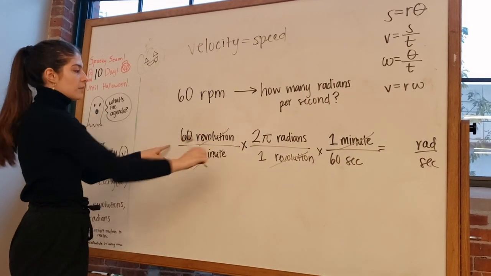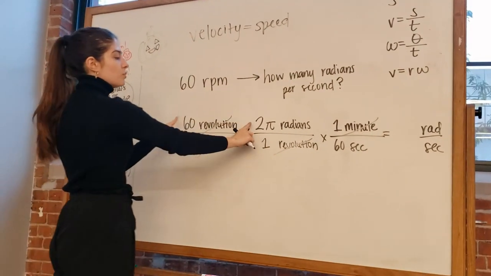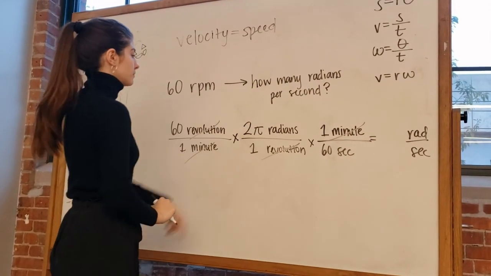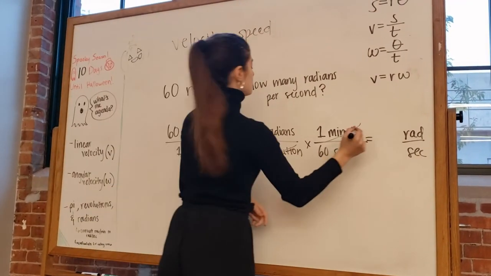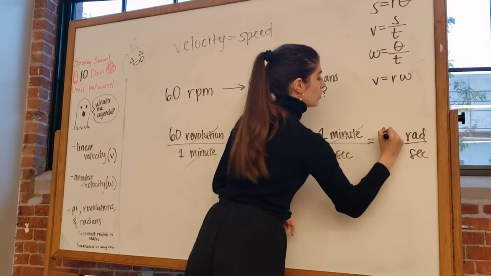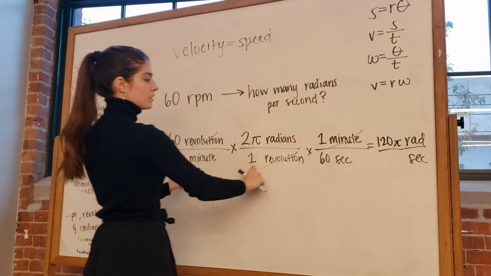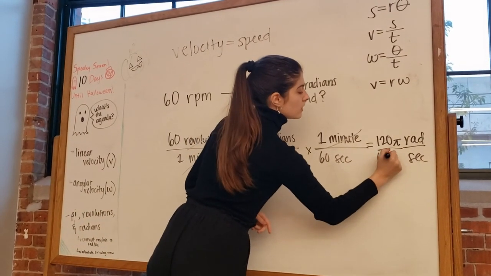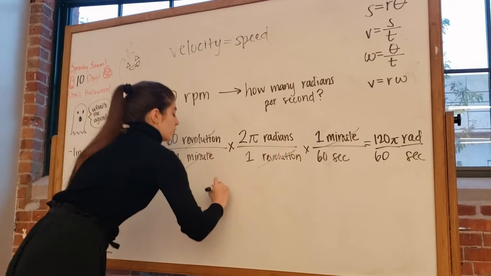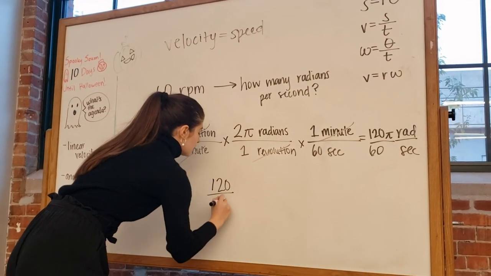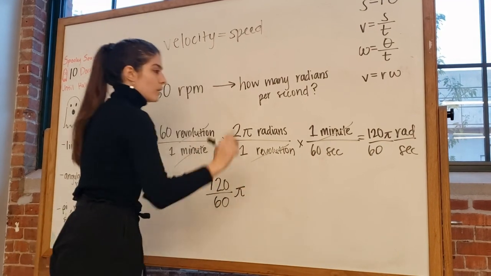So now let's look at the numbers that are left. We have 60 times 2 pi times 1. So that's 120 pi over 1 times 1 times 60, which is just 60. So we get 120 over 60 pi radians per second.